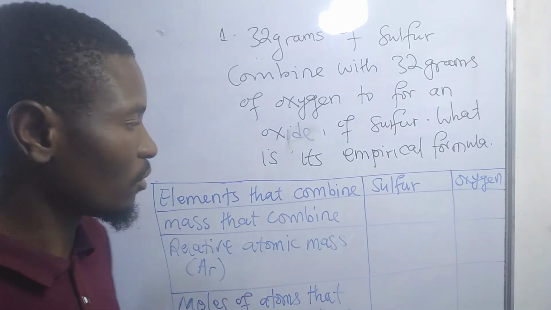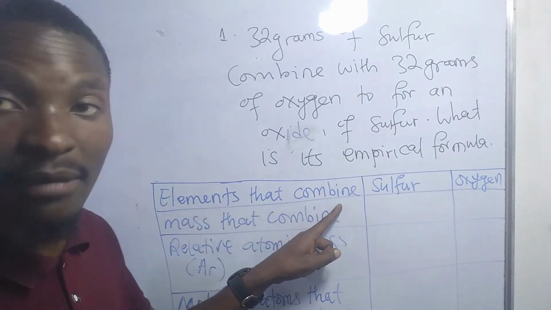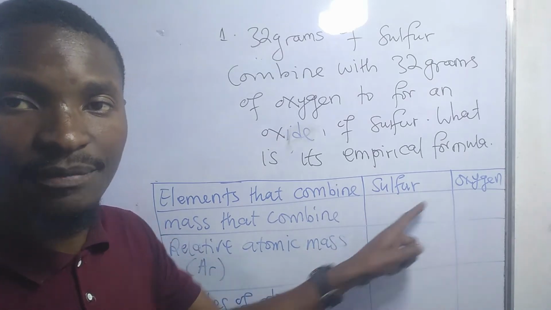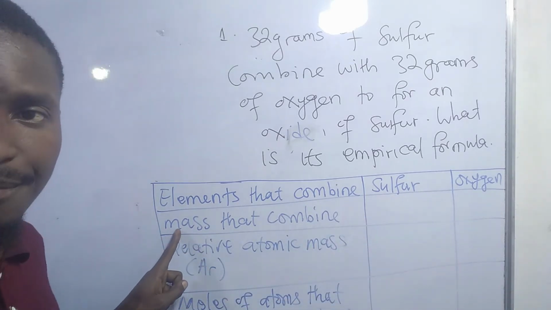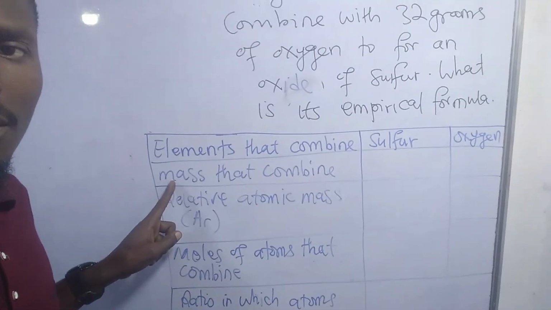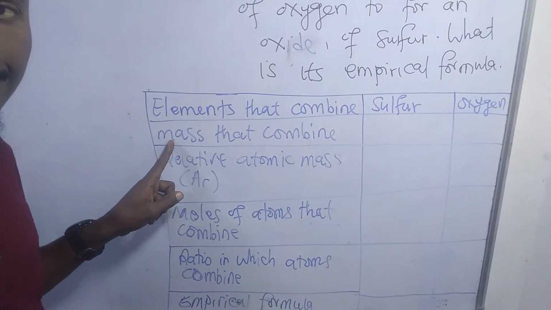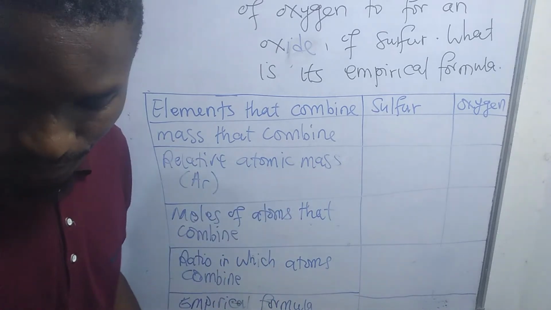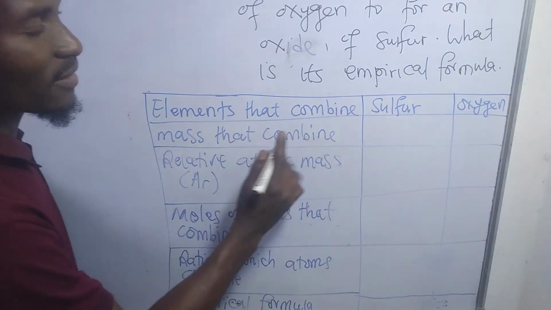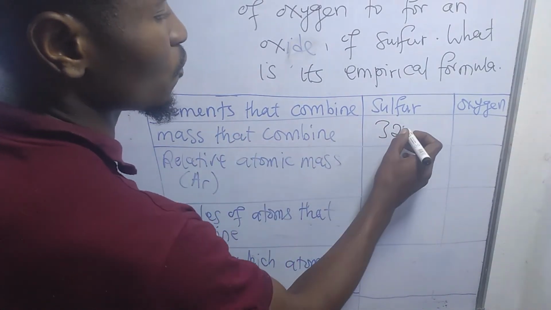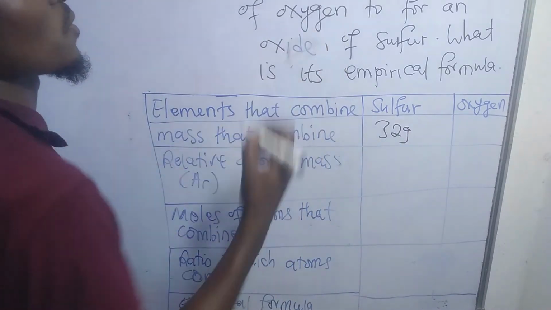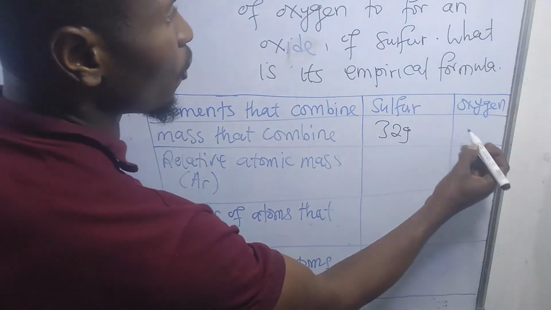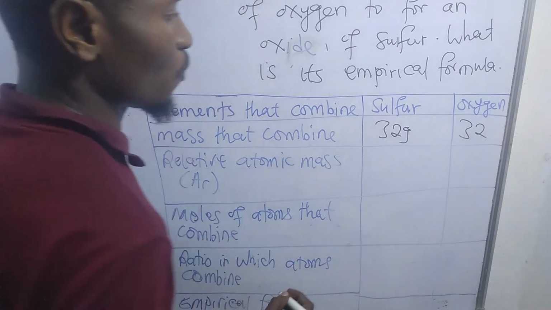In this table, the elements that combine are sulfur and oxygen, and then also the mass. The mass that combines is 32 grams for sulfur, and for oxygen it is also 32.